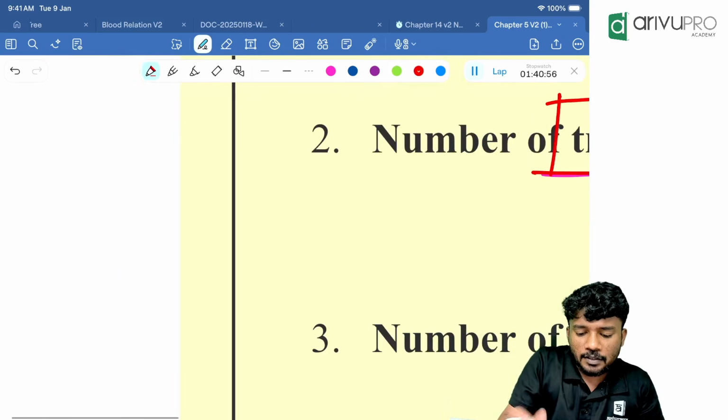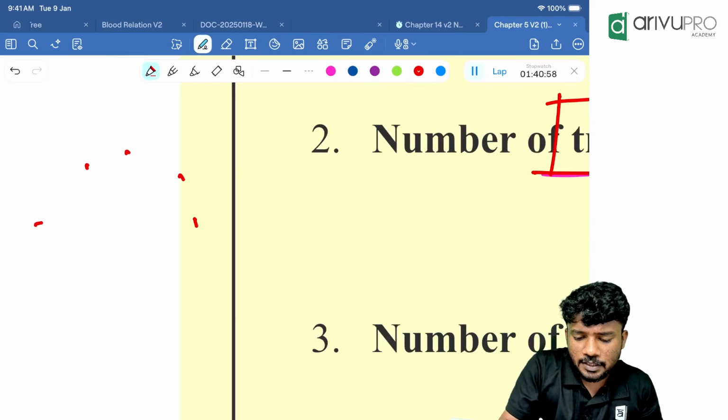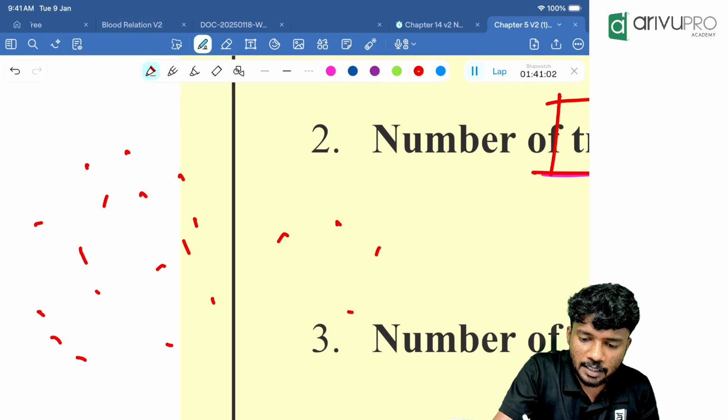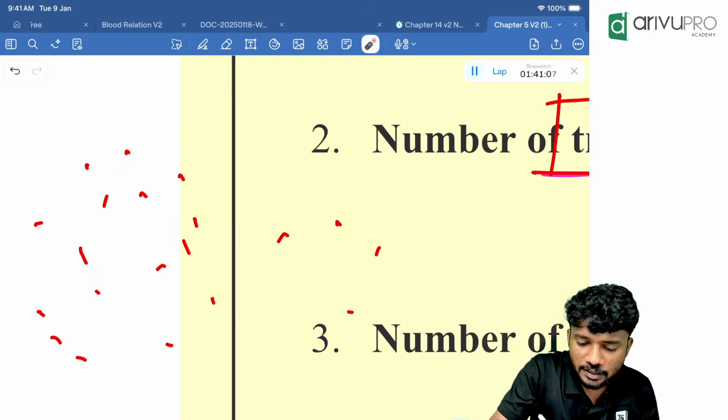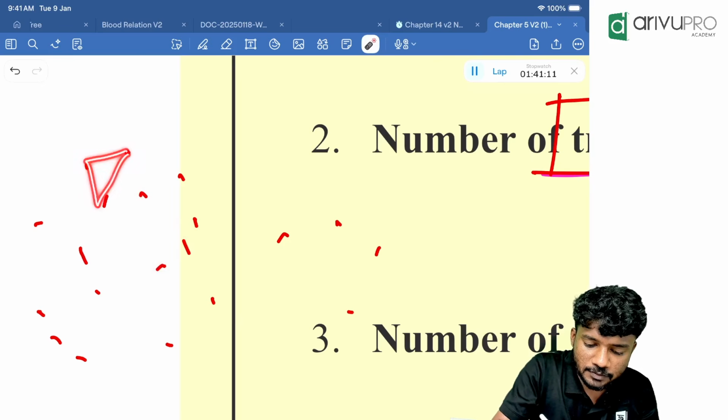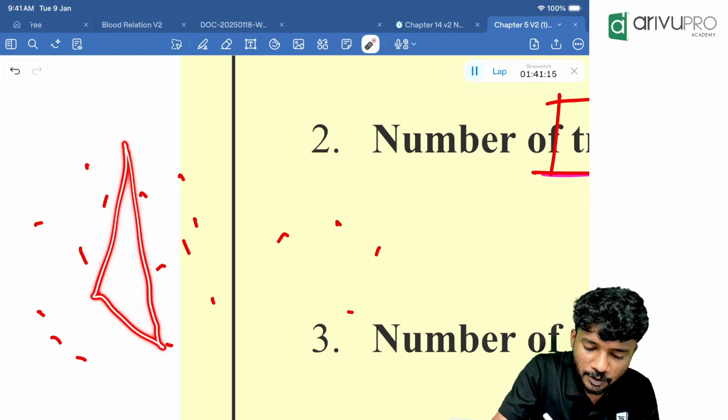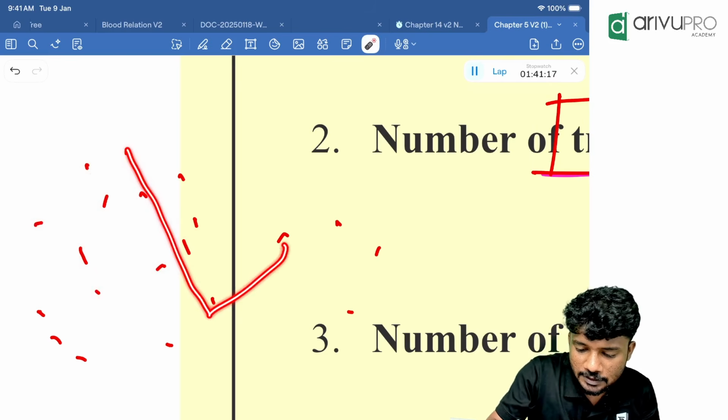Now, randomly I am drawing some points. Now I can randomly join any 3 points and form a triangle, right? This is possible. This is possible. This is possible.